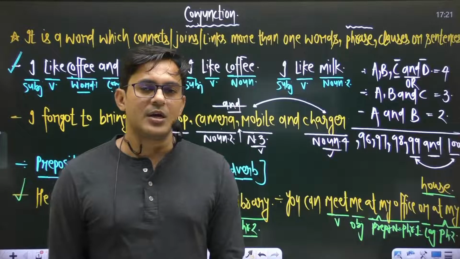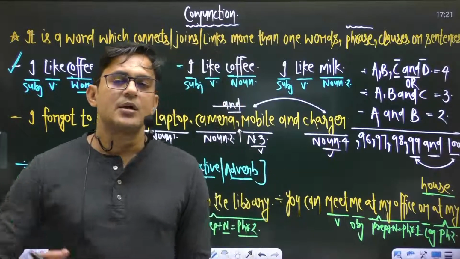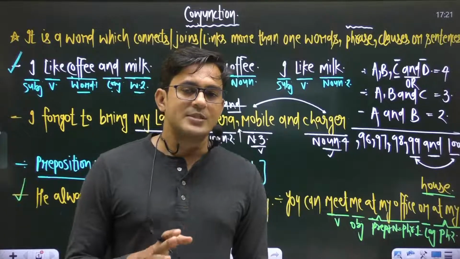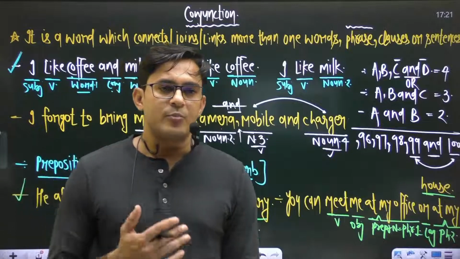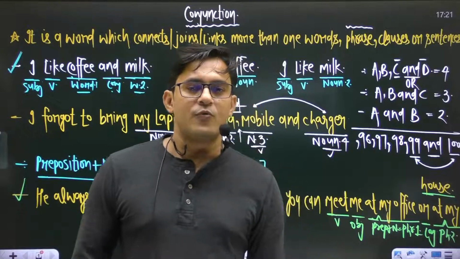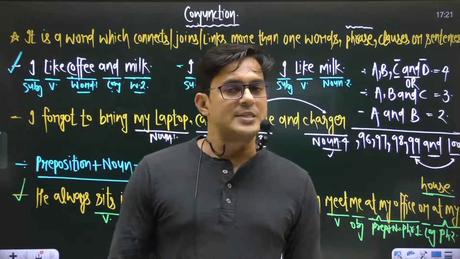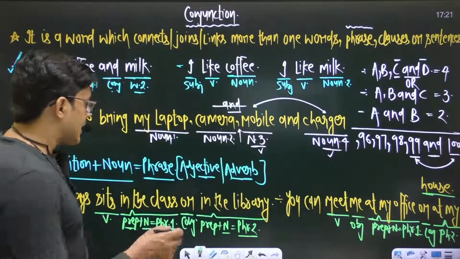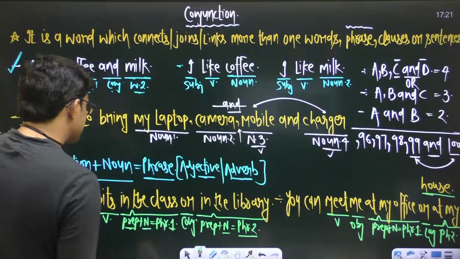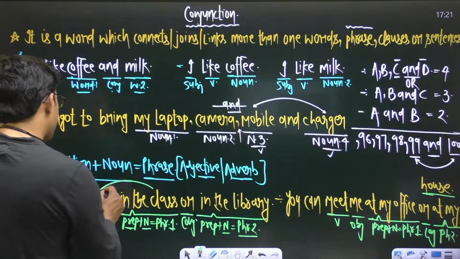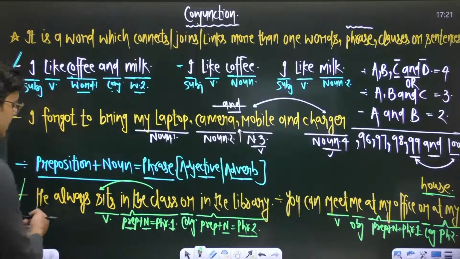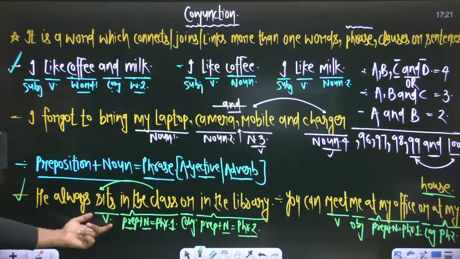So conjunction connects words as well as phrases, right? Make sure, preposition plus noun is always called a phrase, and this phrase usually acts as an adjective or as an adverb, right? So in both the sentences, this phrase is an adverb to qualify the verb. The person is saying he always sits in the class.